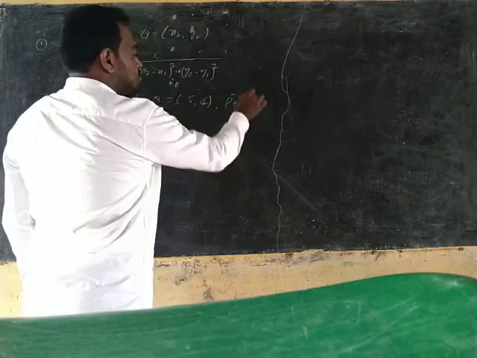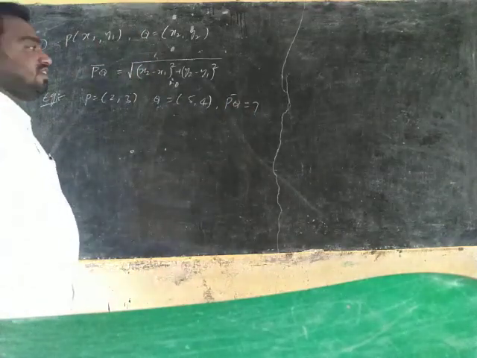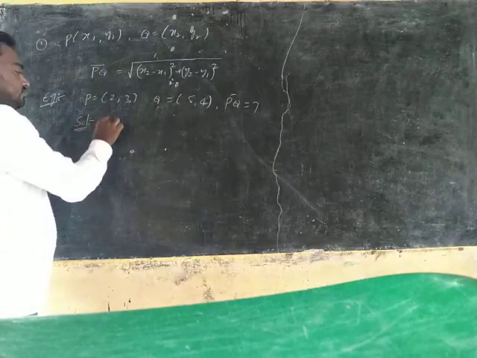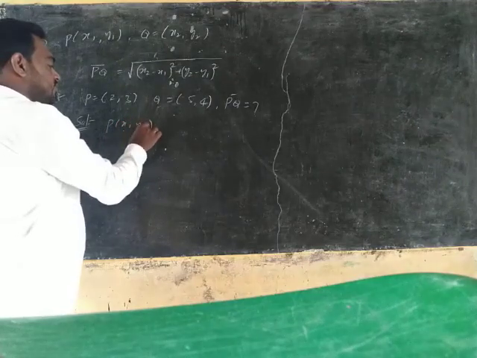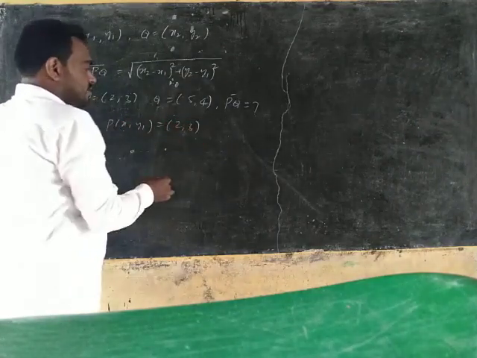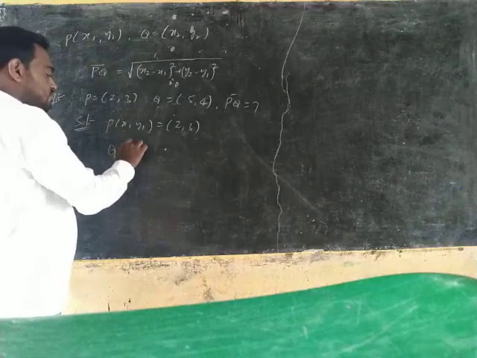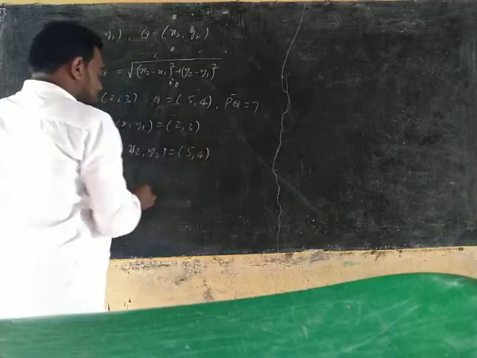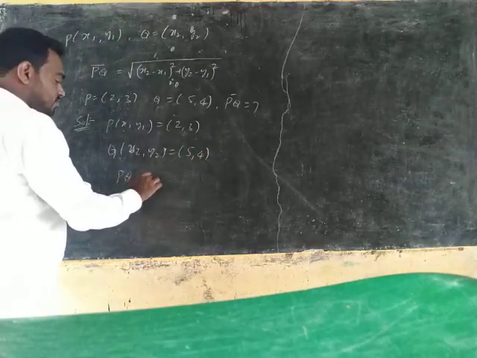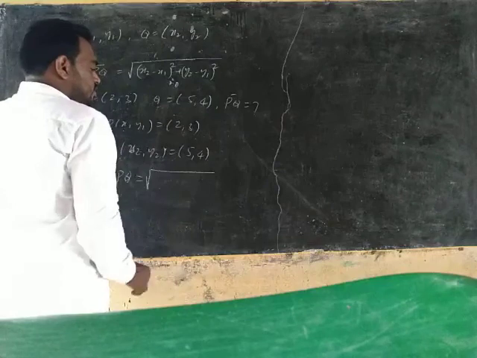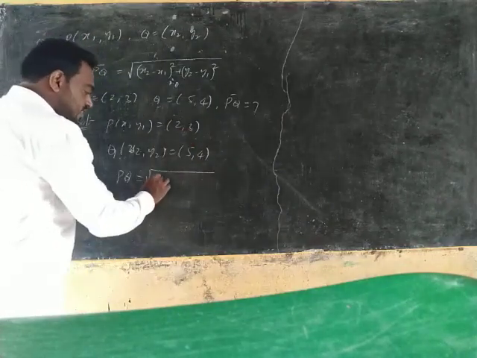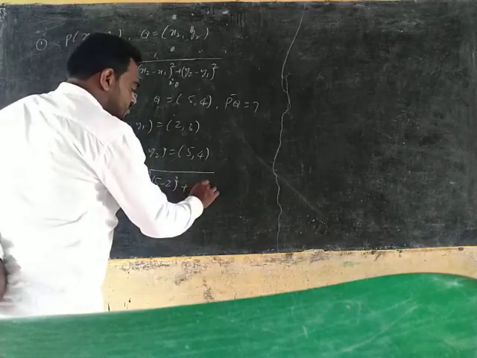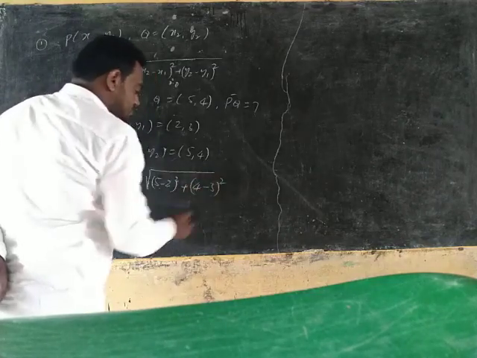Solution: P(x1, y1) is equal to (2, 3) and Q(x2, y2) is equal to (5, 4). The distance between them, PQ, is equal to the square root of (x2 minus x1) whole square, that is (5 minus 2) whole square, plus (y2 minus y1) whole square, (4 minus 3) whole square.